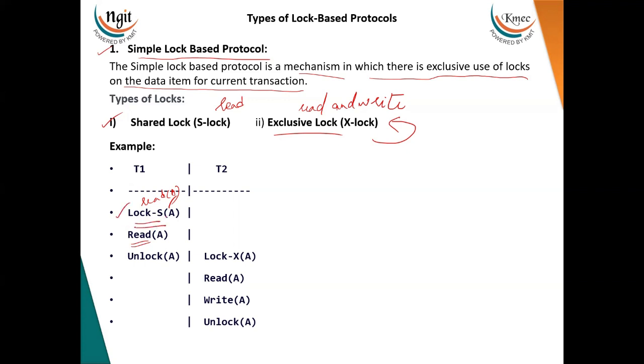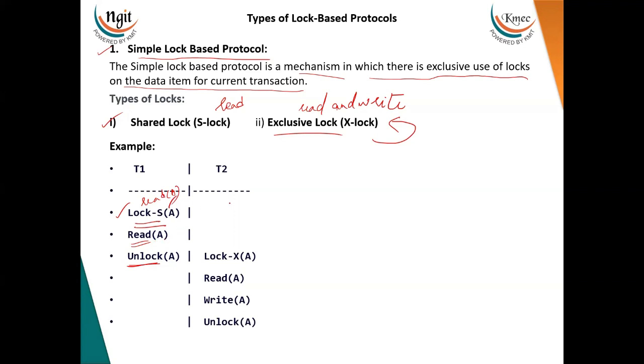S of A indicates a shared log on the data item A. And once the read operation is completed by T1, it is going to unlock, releasing the lock which it acquired to perform the read operation on A.